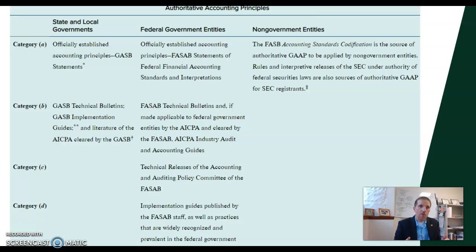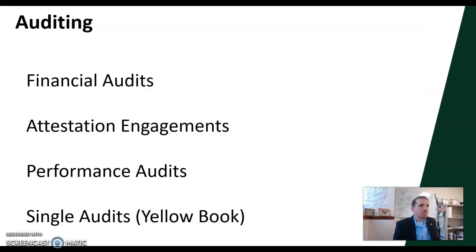But remember that top tier, the Governmental Accounting Standards Board and the statements of federal financial accounting standards, those are it. If they clearly tell us what we need to be doing in those areas, that's the end of the story, and that's what we're going to be held responsible to follow, okay?